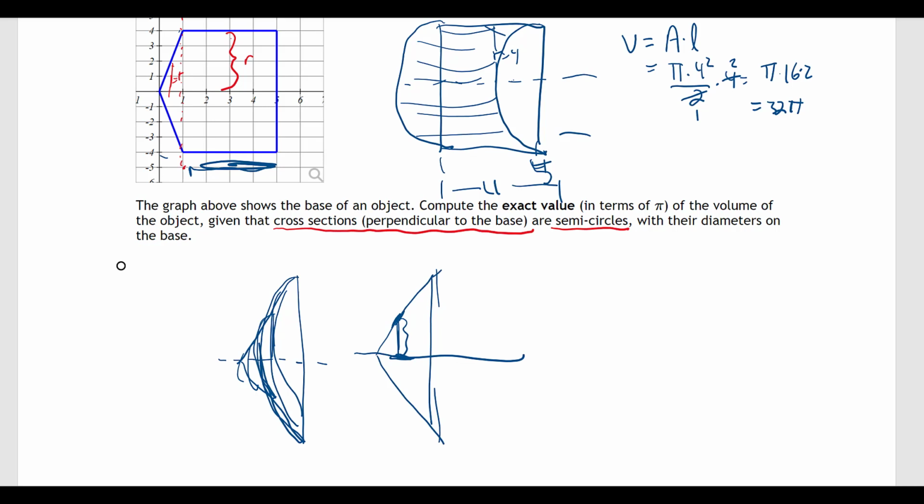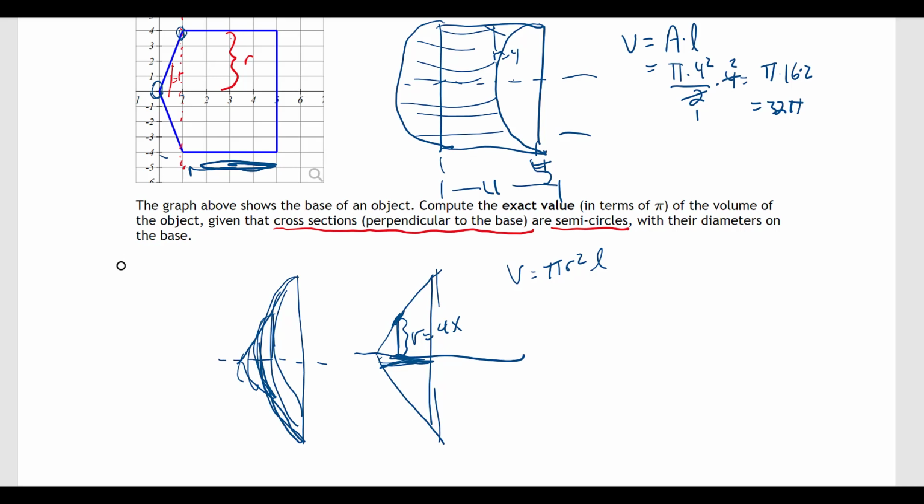And if we just see the equation of the line, it's going from 0 to 4, has a rise of 4 and a run of 1. So our radius is going to be 4x. It's just the equation of the line, and that's going to give us the height. So when we look at volume, it's going to be the pi r squared times the length, because I'm calling this the length here.